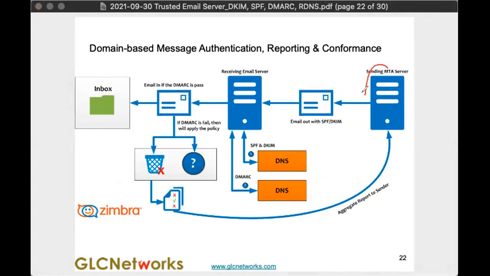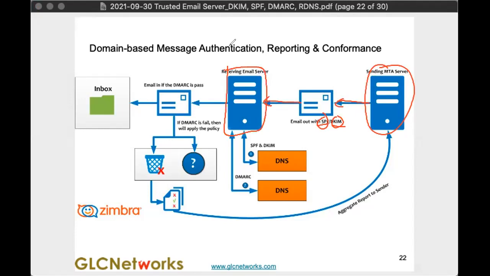You're sending an email and you sign it with DKIM and SPF. SPF relies on the DNS; DKIM uses DNS and then signing. The email is sent over the internet and received by the recipient email server.